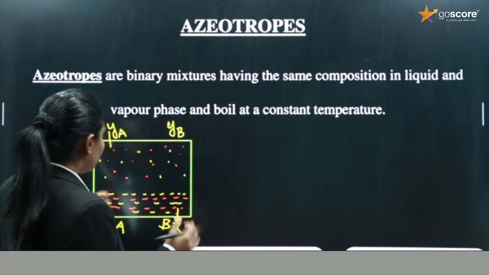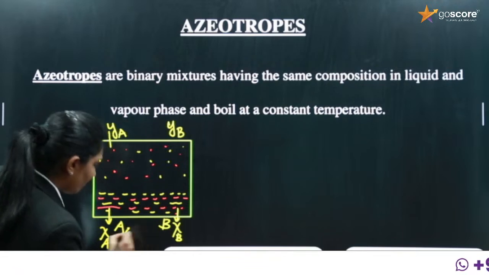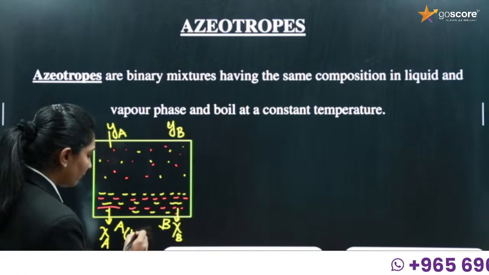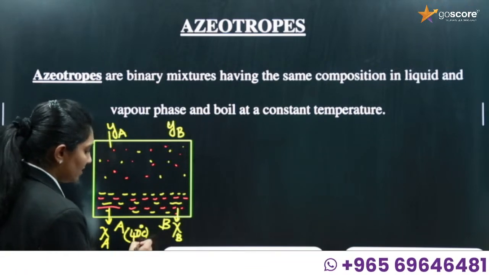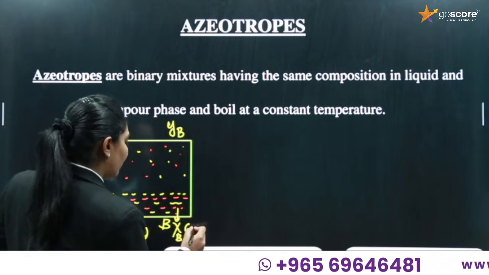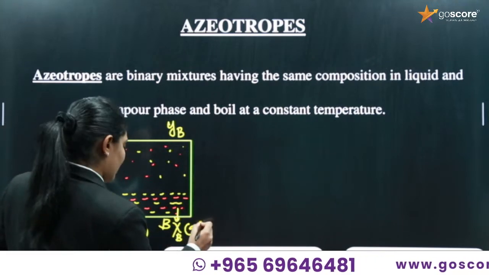Let me take the boiling point of A as 40 degrees Celsius, and for the second component B, 95 degrees Celsius.